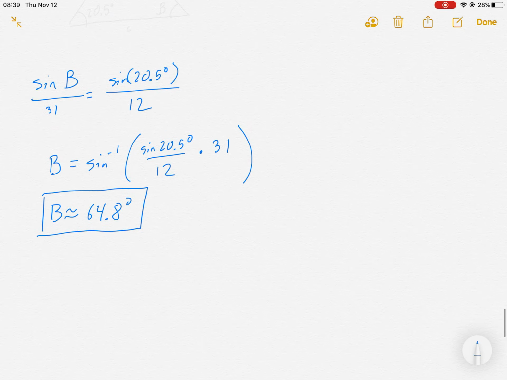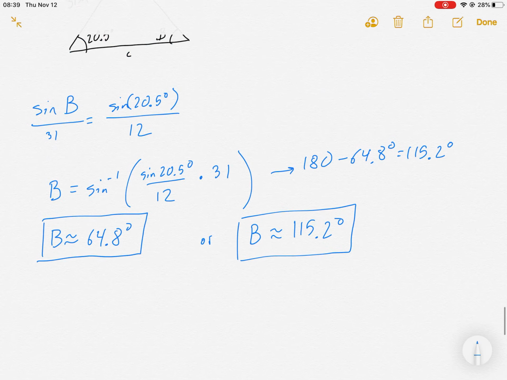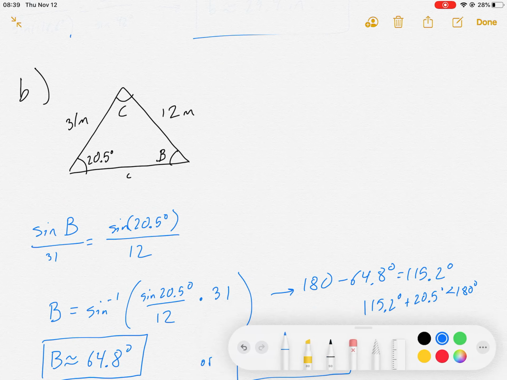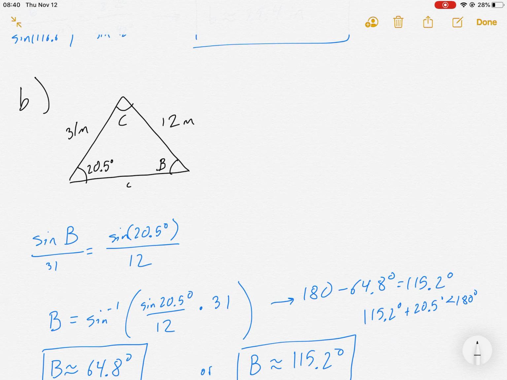Great. Now we do need to double check, because this was sine inverse, B could also equal 115.2 degrees. The way I found that is I also did 180 minus 64.8. And this time it will work, because if I add 115.2 plus my original angle A, this is still less than 180 degrees. So this is a situation where the triangle could actually be one of two things.